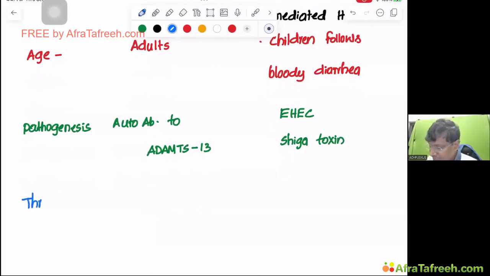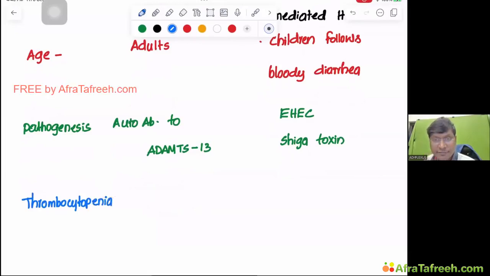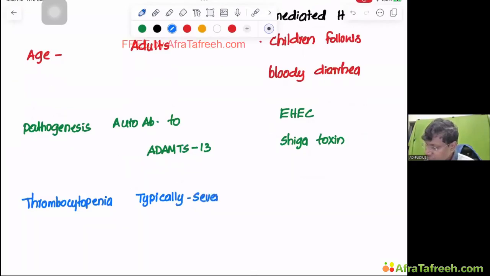And what about the platelet count? That is thrombocytopenia. In adults, these patients typically have a very severe form of thrombocytopenia, except in the very early clinical course.